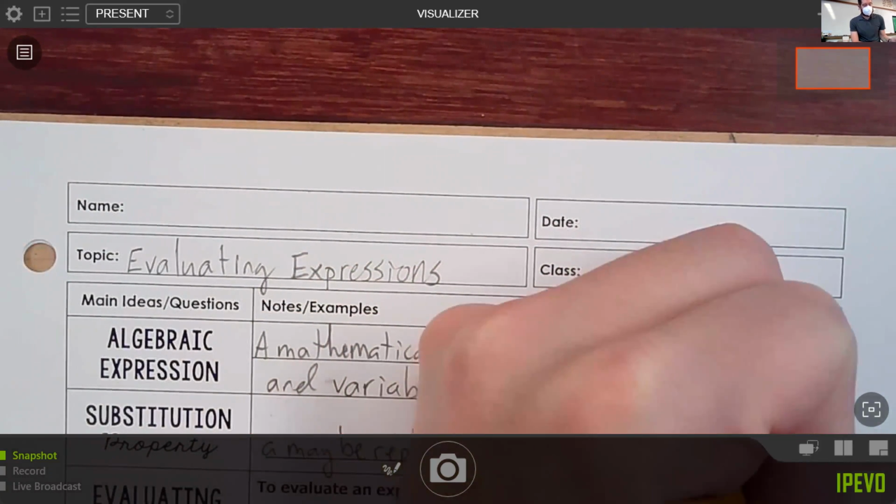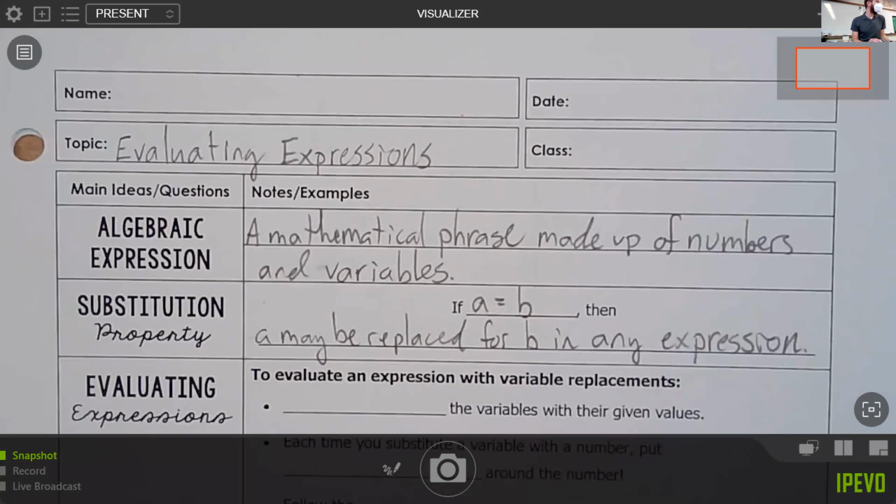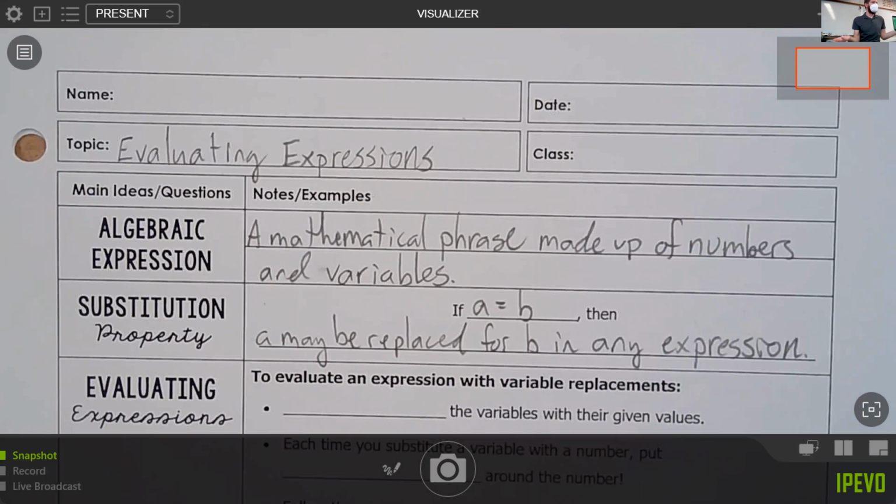All we're saying is that if the two things are equal to each other, you can swap them out for one another because they're the same. That's all we're saying.